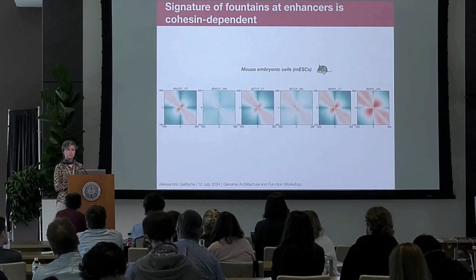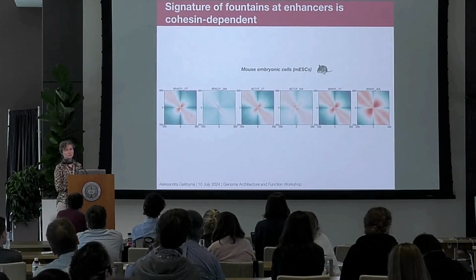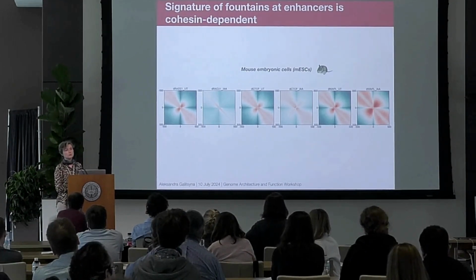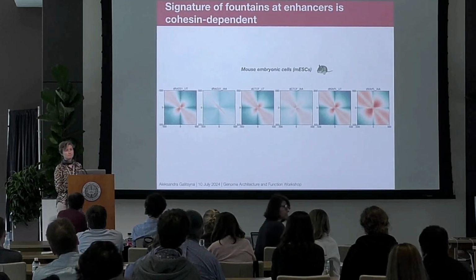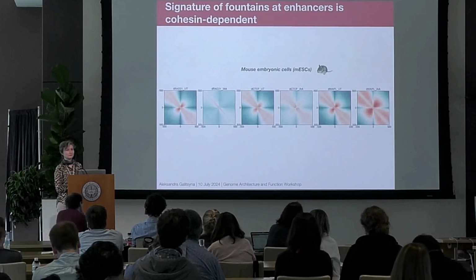This was very nice, and I have a couple of questions. I looked at the data, and I really enjoyed your talk. Maybe these fountains are a dynamic effect, not a structural effect. These things are just moving around, forming and expanding, and you're trying to give a structure to it, but maybe it's just a dynamic effect.